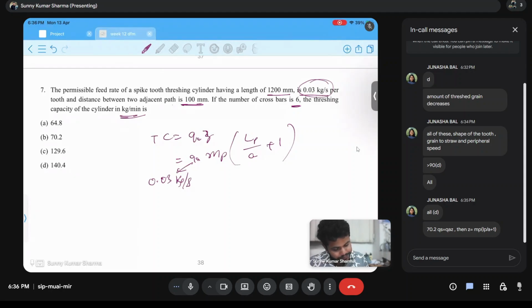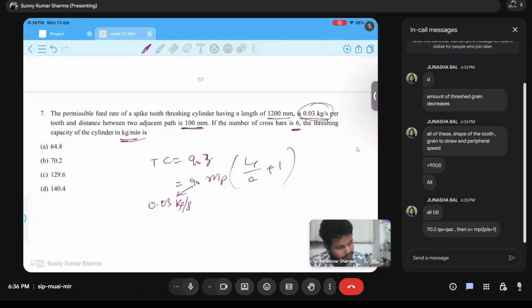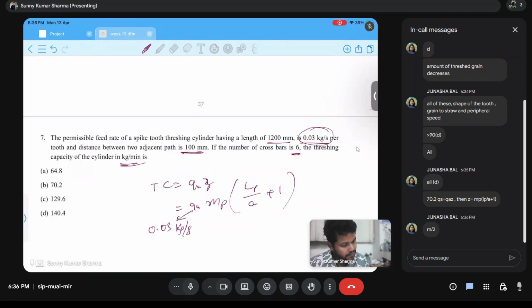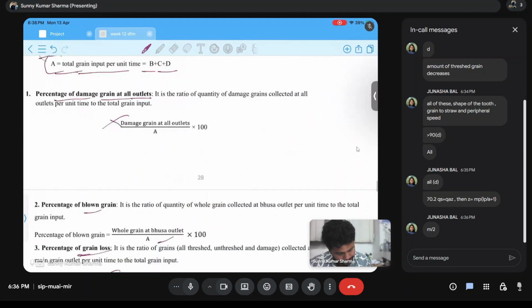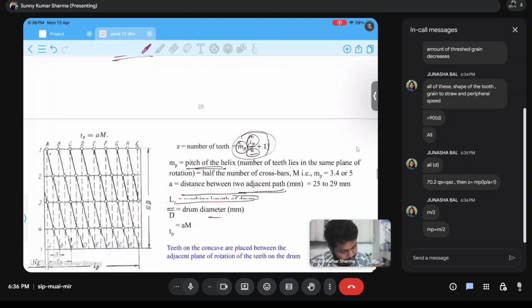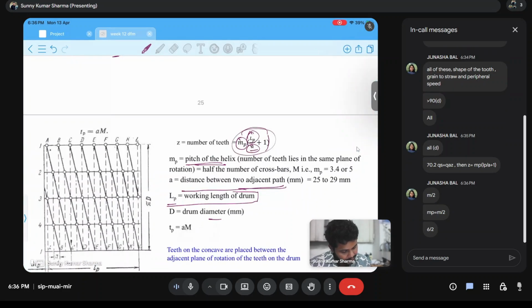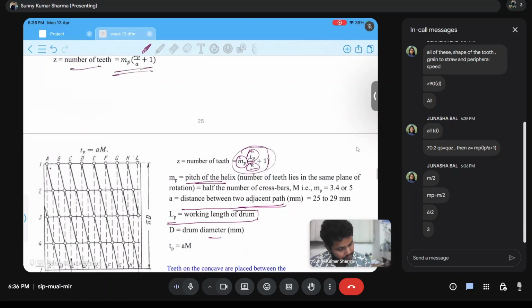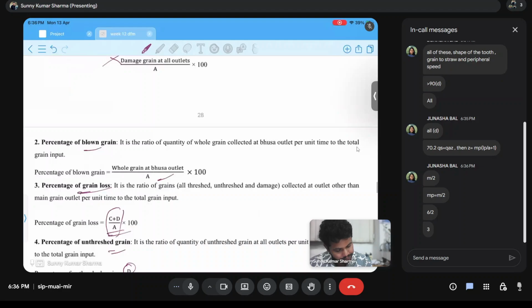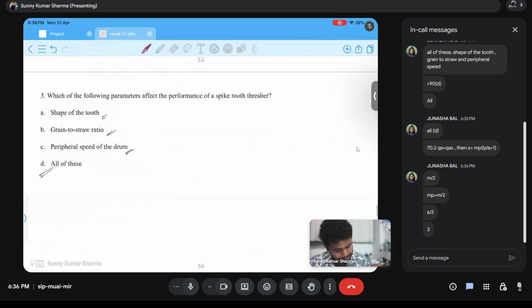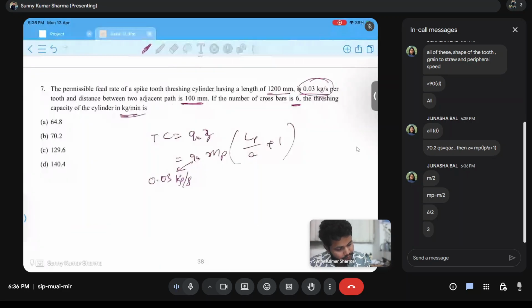So MP is pitch of helix, and A is the distance between two adjacent paths. So number of cross bars is 6.